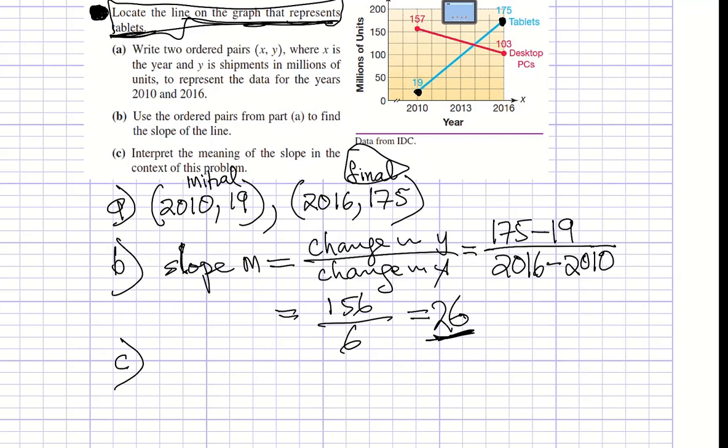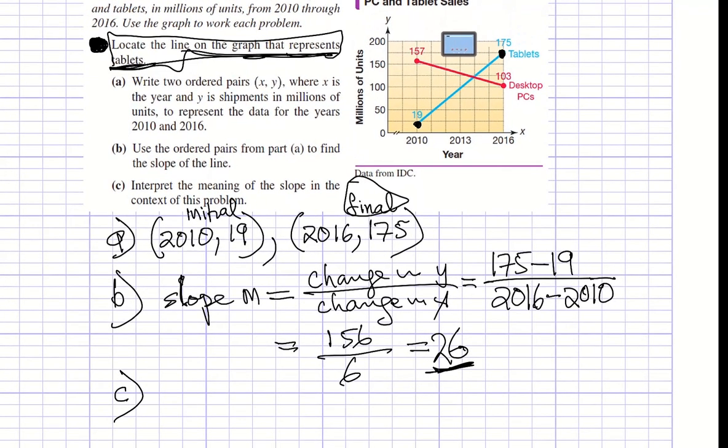So basically they ship 26 million more units per year. That's what that is saying. Don't forget, over here this is year, and this is units. So over time it increased 156 million in 6 years, and they shipped 26 million more units per year. That's all that is saying.